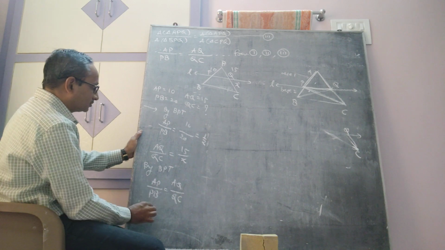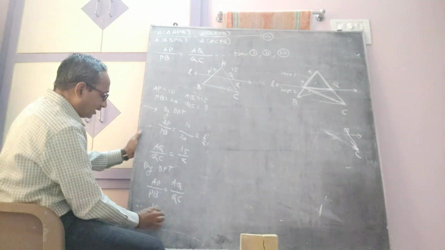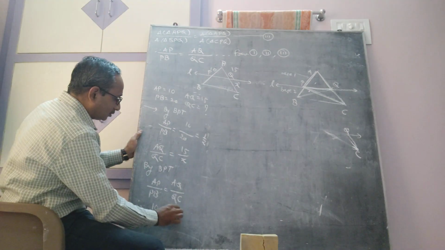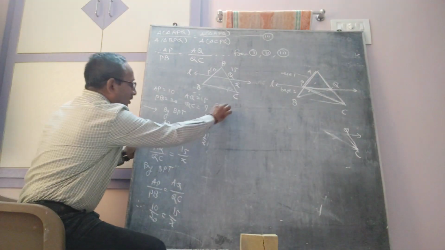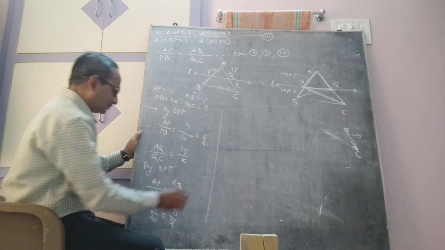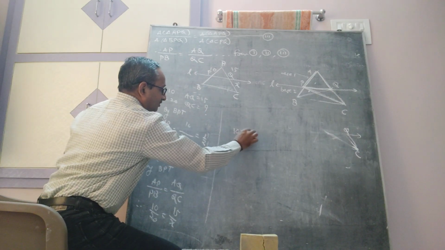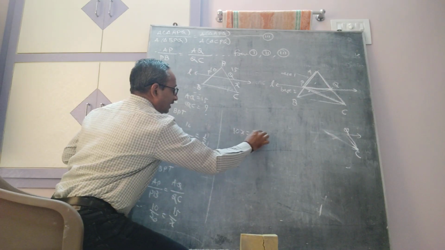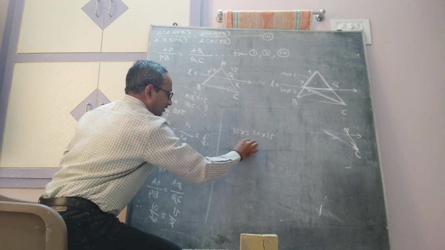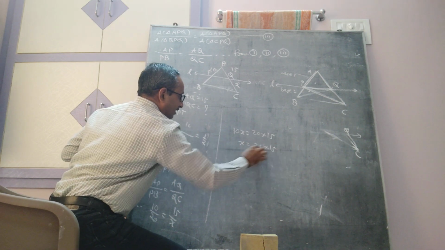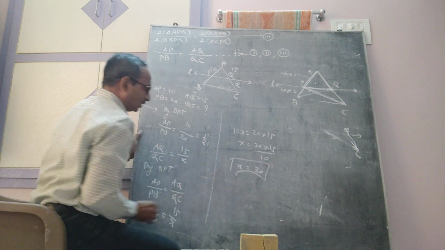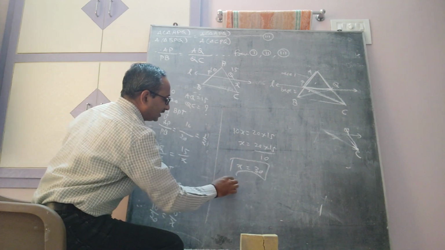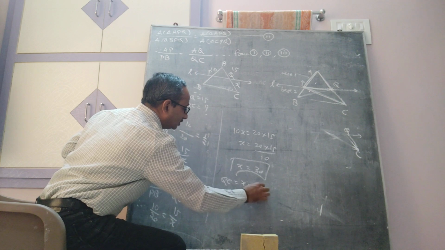So put the values: 10 upon 20 is equal to 15 upon X. By cross multiplication, 10x is equal to 20 times 15, so x is 20 times 15 divided by 10. If you calculate, the value of X is equal to 30. QC is equal to X is equal to 30.